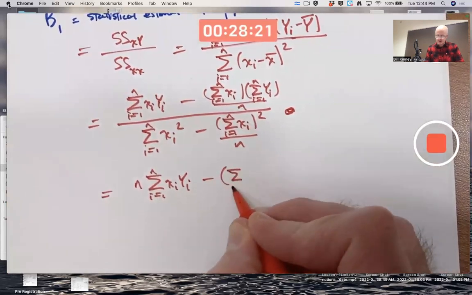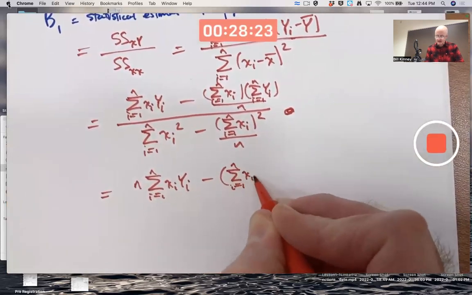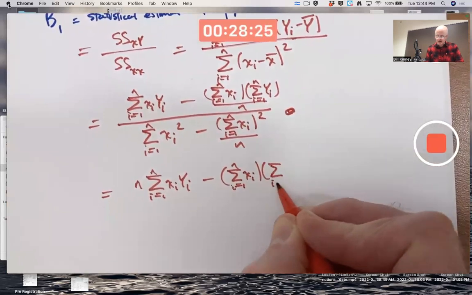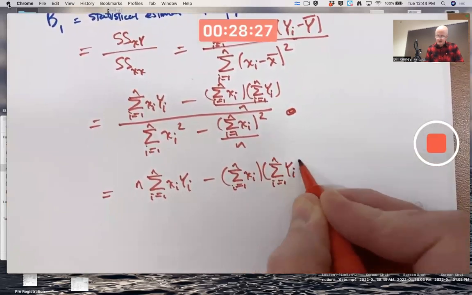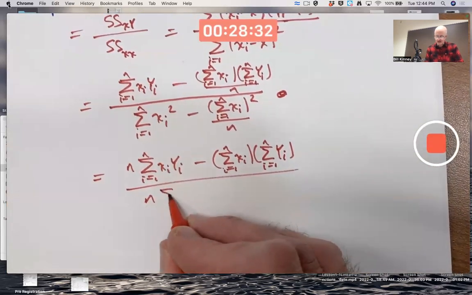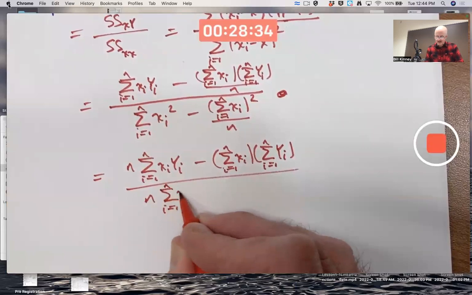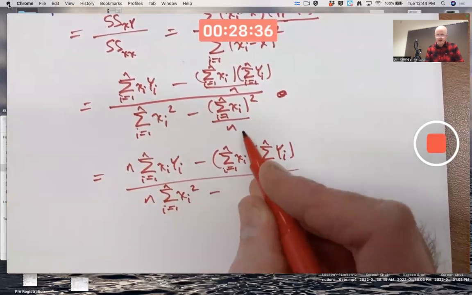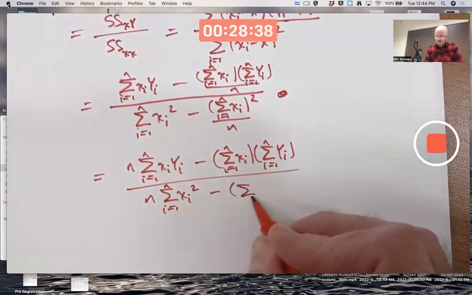So you get the sum of the x's times the sum of the y's, also multiplied by n on the bottom. So you get n times the first summation, the xi squareds, minus the n there cancels. So you get this.